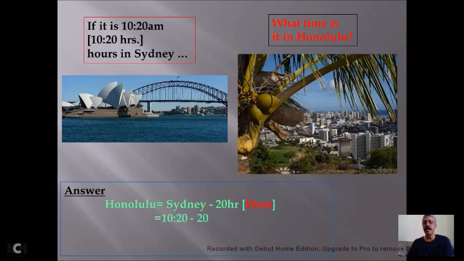Then 10:20 minus 20 hours, it will be negative 10:20 plus 24 hours. You will see it will be 14:20 yesterday. Yes. Meaning it will be 2:20 p.m. yesterday.